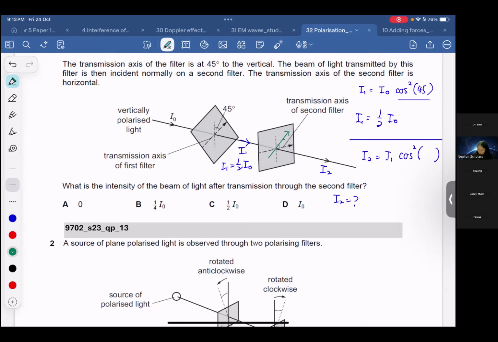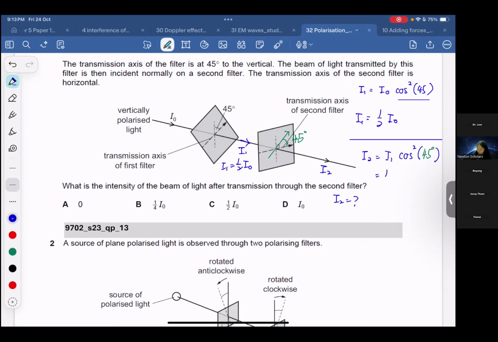Now your second one is another 45 degrees compared to the first one, because we are basing on the first one and continue rotating the second filter another 45 degrees. You get what I mean? The second angle is based on comparison with the first filter. Is that clear?